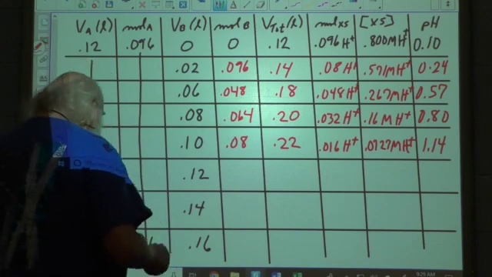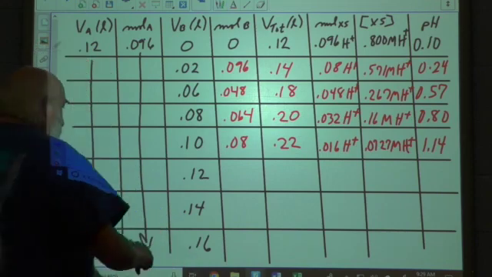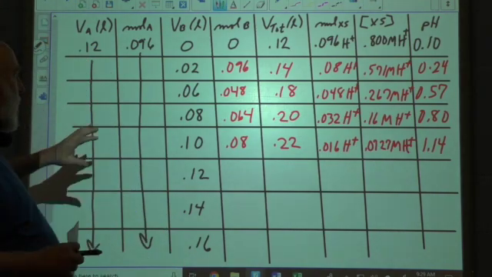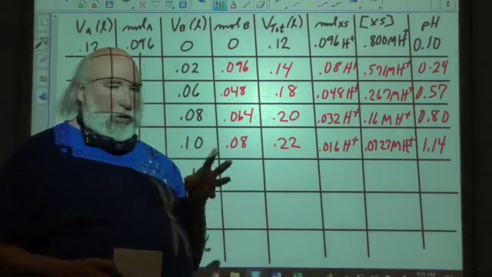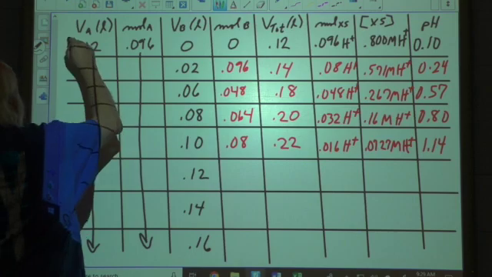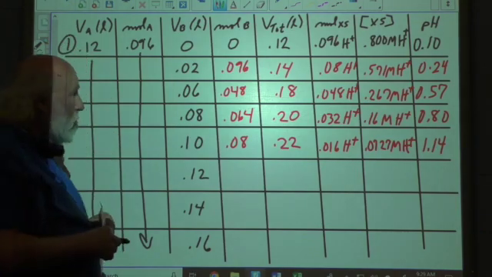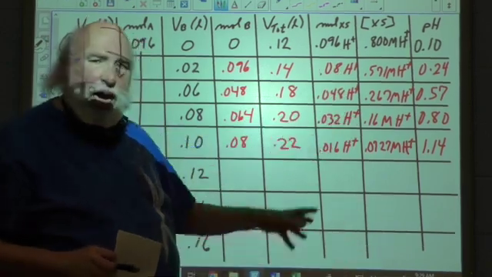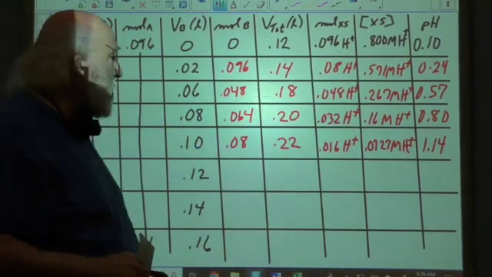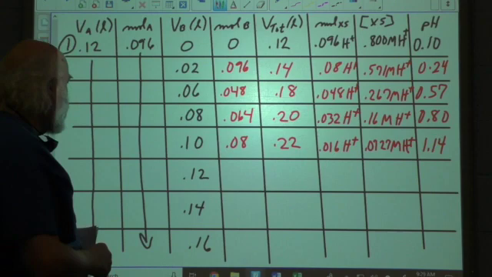Now, before I do this one, I want us to understand that there's actually 4 stages of titrations. This right here is the first stage, and I'll enumerate this later on, but this is where no titrant has been added, no base has been added. And so that's the first stage.